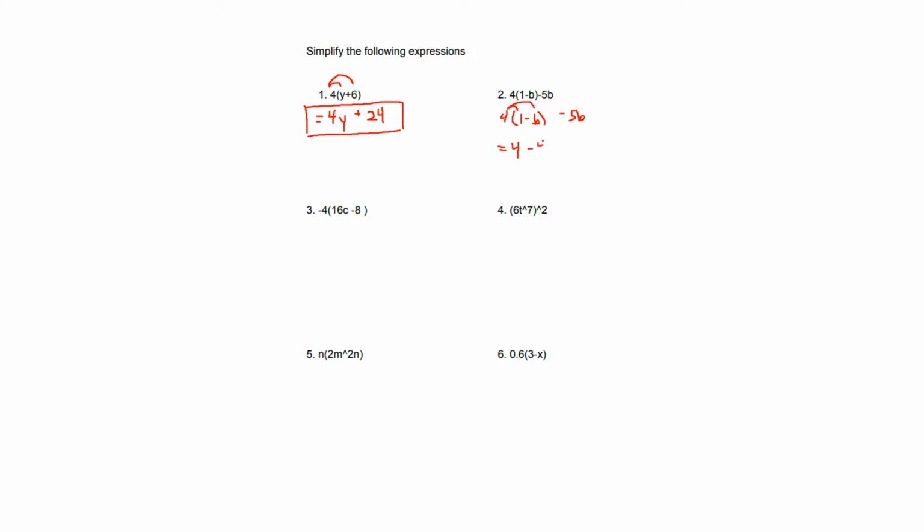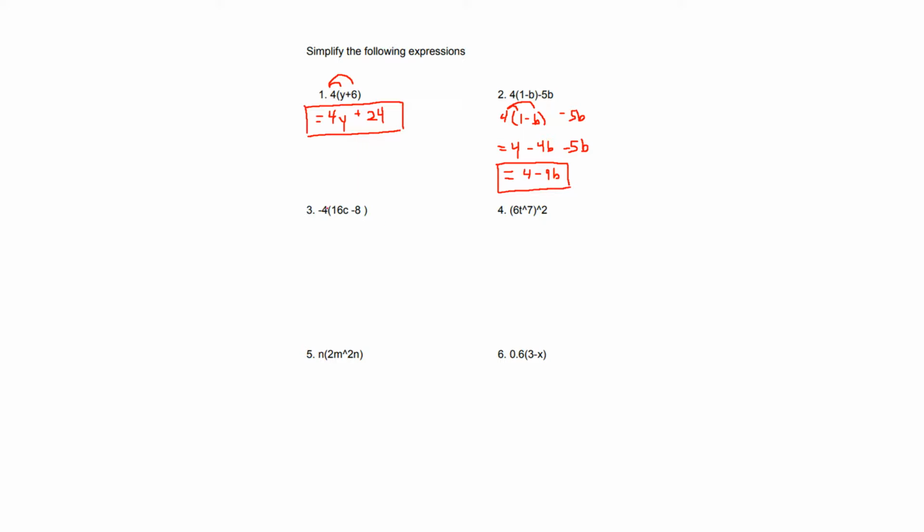So it's negative 4b. And then you still subtract the 5b. So here, you could simplify this further by combining the like terms of negative 4b and negative 5b. So this is going to be 4 minus 9b as your final answer for number 2.